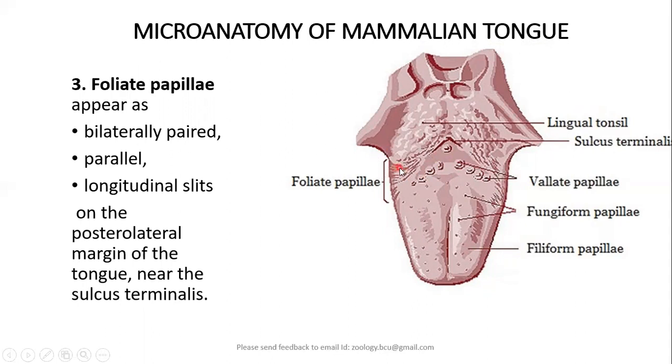These papillae are arranged in parallel rows. Therefore, we see longitudinal slit-like structures in the region of foliate papillae.